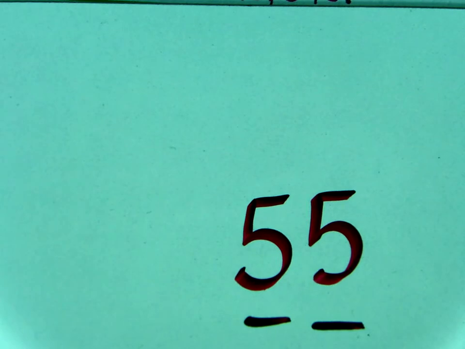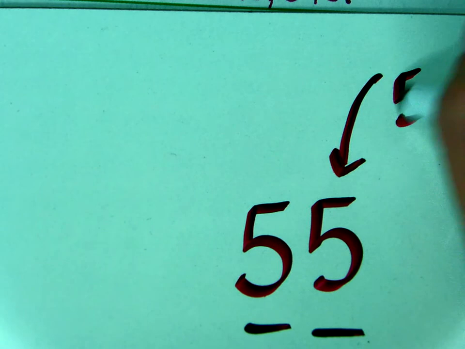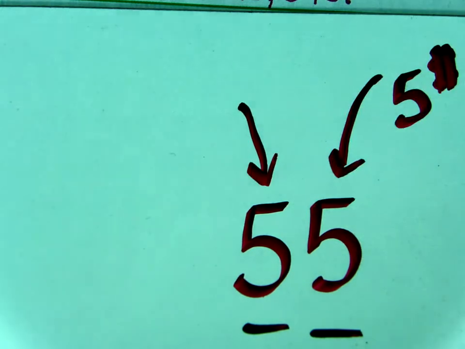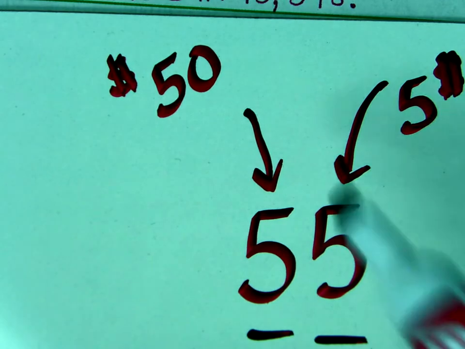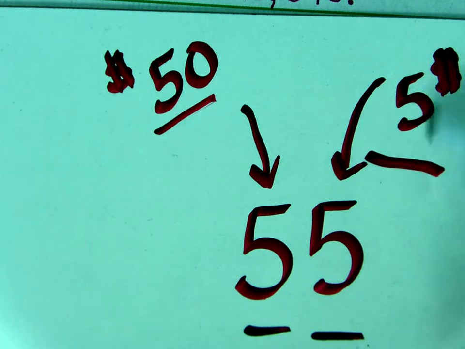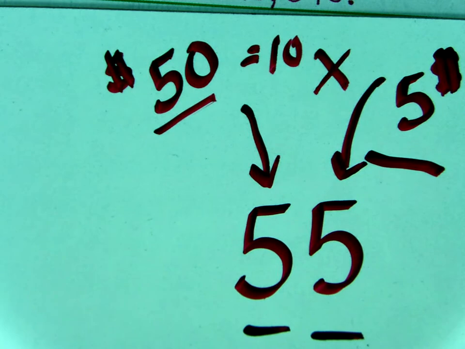I go into the bank and I just have 5. That means I have $5. But Easton goes in and he has a 5 in the tens place, so he has $50. This amount that Easton has is 10 times greater than what Mrs. Body has.